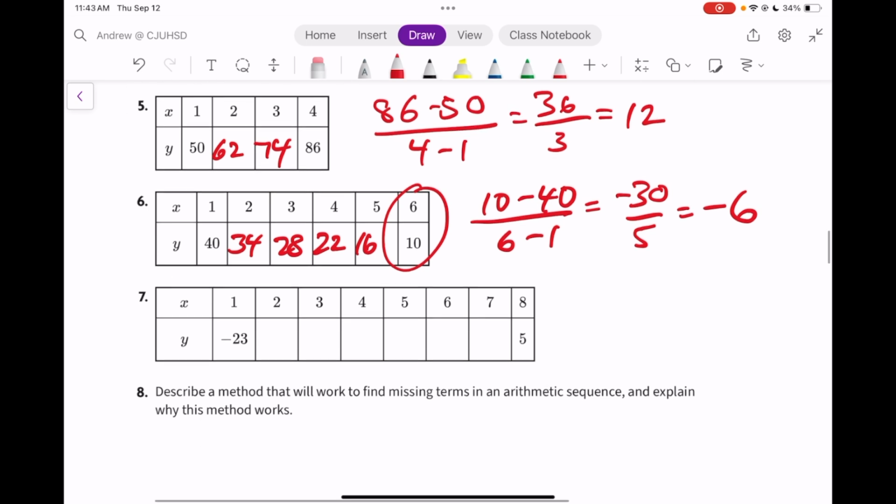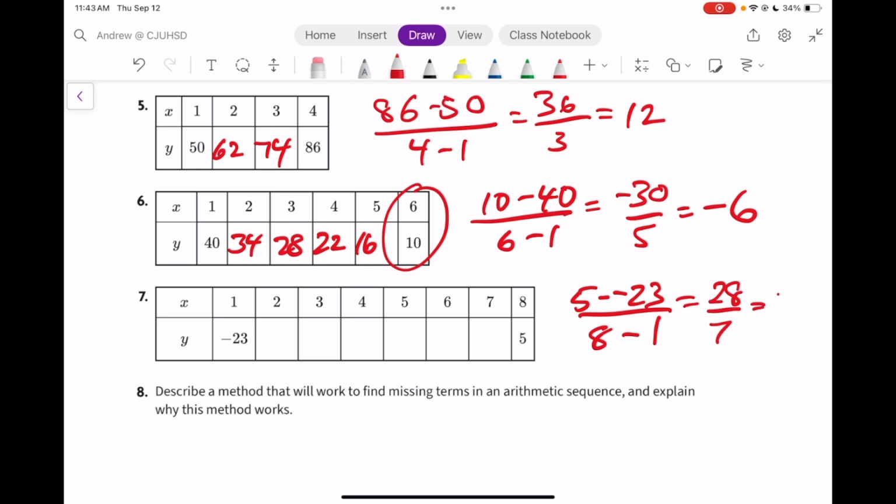And the last one is 5 minus negative 23. So you might have a double negative over 8 minus 1. So 28 over 7 or 4.